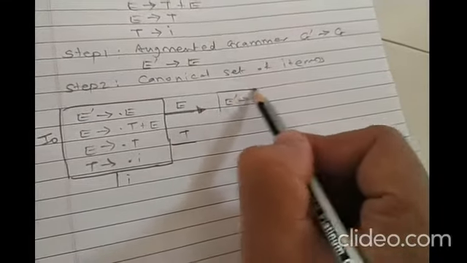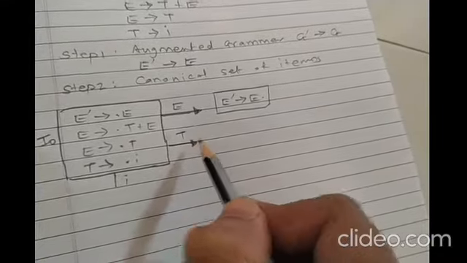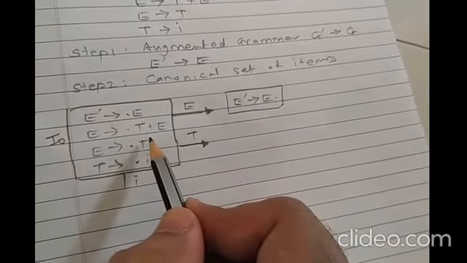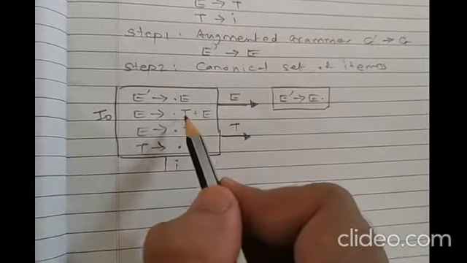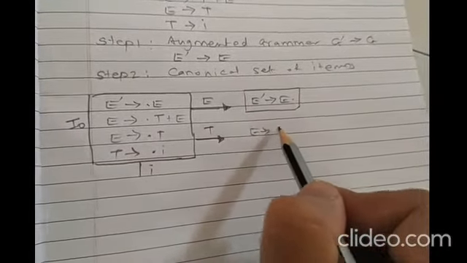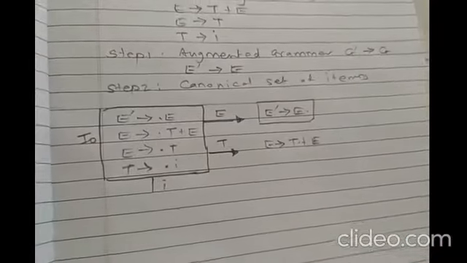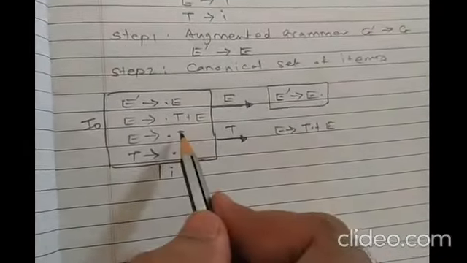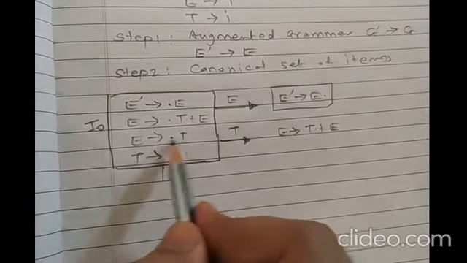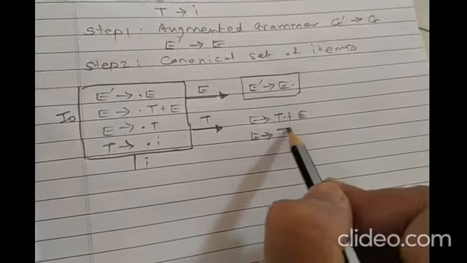There is nothing much we are getting with E transition. With T, what we get? With T we can have T dot plus E. So E tends to T dot plus E. Then this transition is also possible: E tends to T dot.